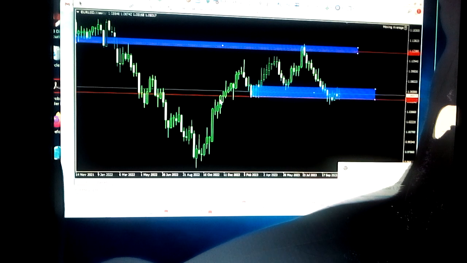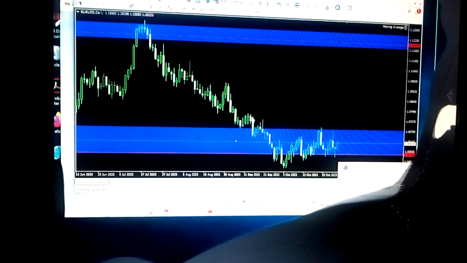So another thing, the most important thing also, we need to learn how to identify and how to use this thing called range. My brother, you can see this market is ranging.